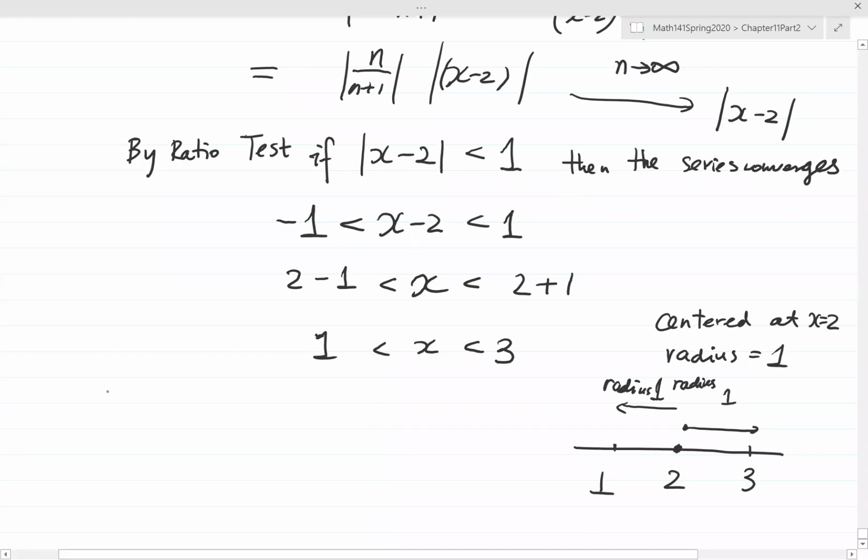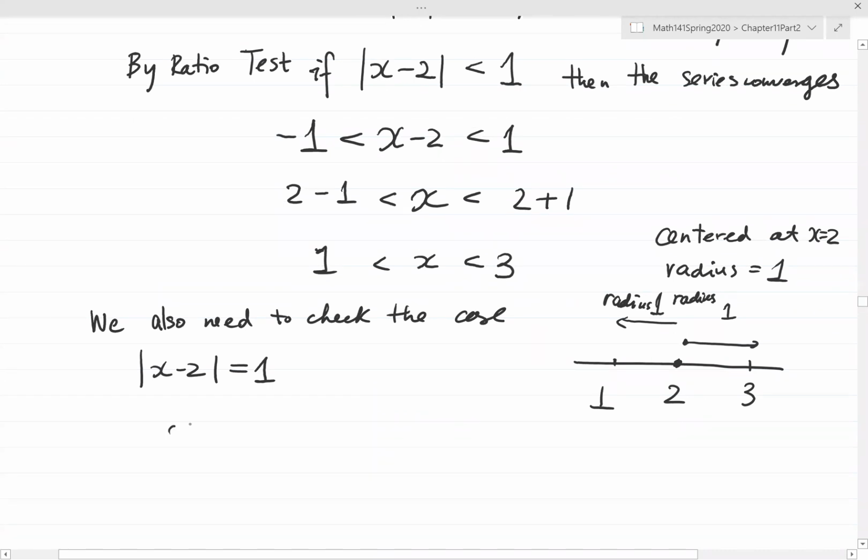So we also need to check the case when x minus 2 equals 1. Because the ratio test fails, we don't know its convergence or divergence, so we need to check.